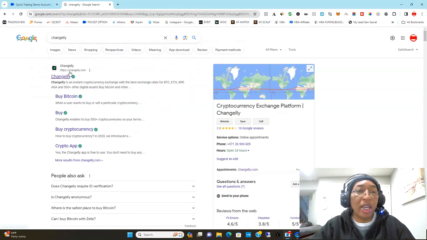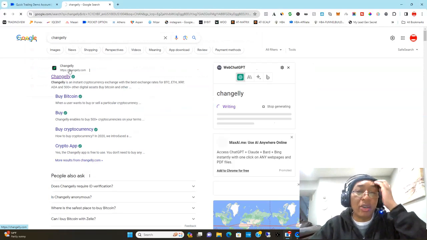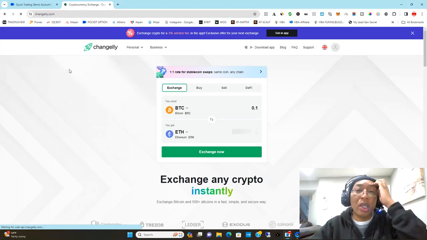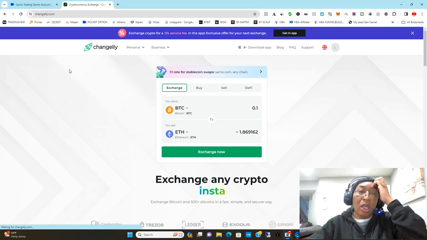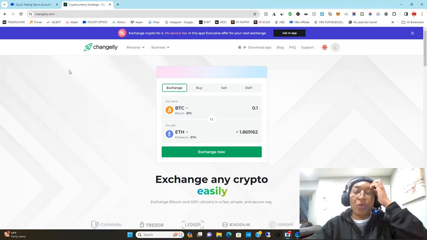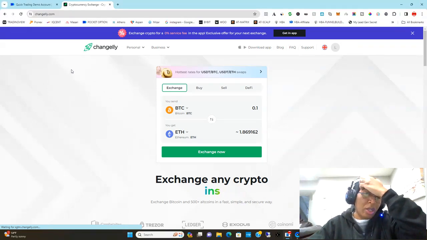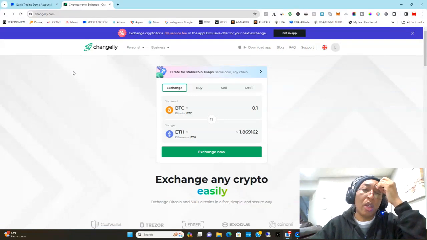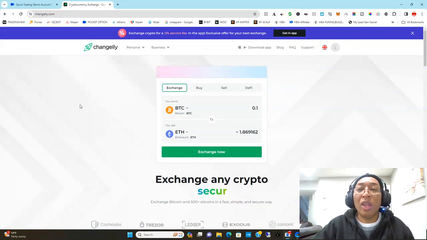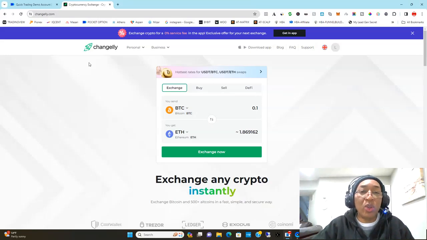And here is the site. It's called Changelly. Okay. So you can go to Changelly. This is one of the tools that you can use.